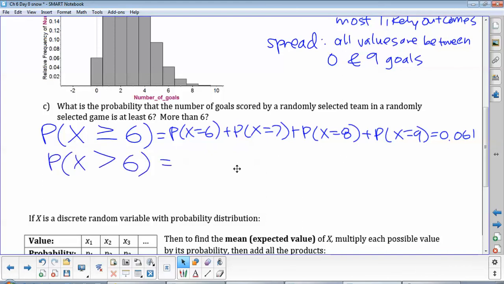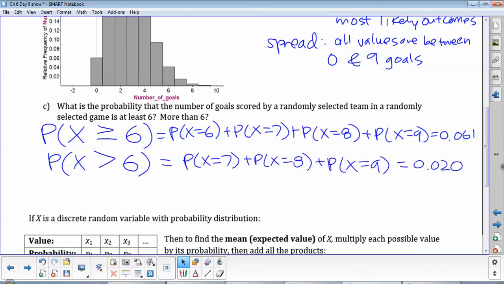That's not going to include the probability that x equals 6. It's instead just going to be the probabilities of having 7, 8, or 9. So I should get a smaller number than for the first one. Please note the fact that these numbers are different is one of the things that's true for these discrete random variables. All right. So that's the first thing, talking about how to use a probability distribution to find probabilities.